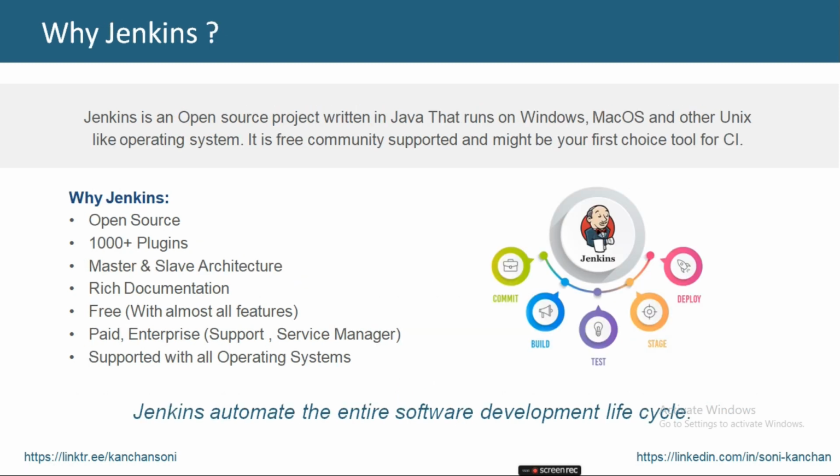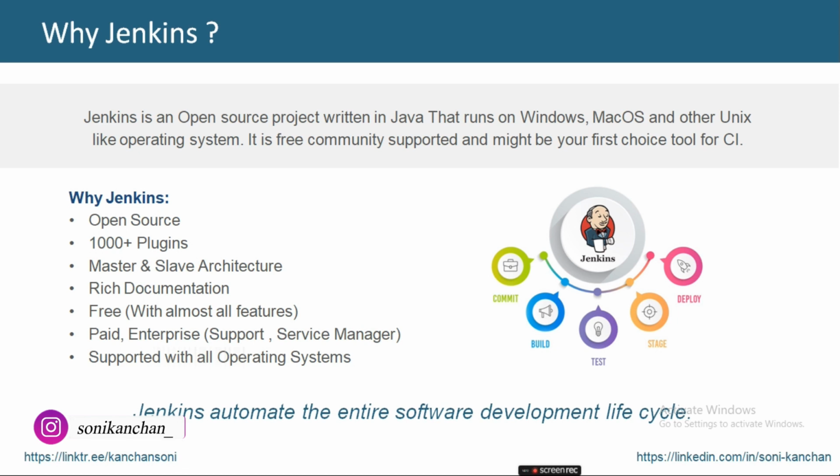Okay, so some of you may be thinking, why Jenkins, why not other tools? What benefit does Jenkins give? If there are lots of tools available in the market, then why are we using Jenkins? So don't worry, I will give all the information in this slide. Jenkins is an open source project written in Java that runs on Windows, Mac or any other Unix-like operating system.